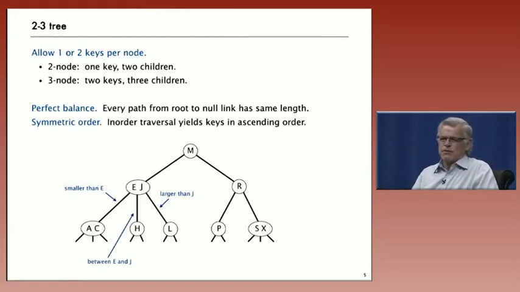The left link points to a 2-3 tree with the keys that are smaller than the smaller of the 2 keys in the 3 node. The middle link points to a 2-3 tree that contains all the keys that are between the 2 keys. And the right link points to a 2-3 tree containing all the keys that are larger than the larger of the 2 keys in the 3 node.